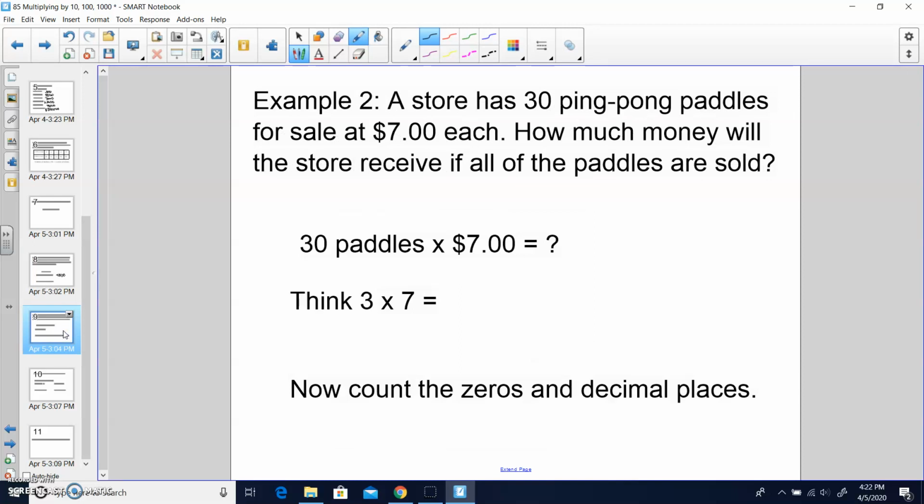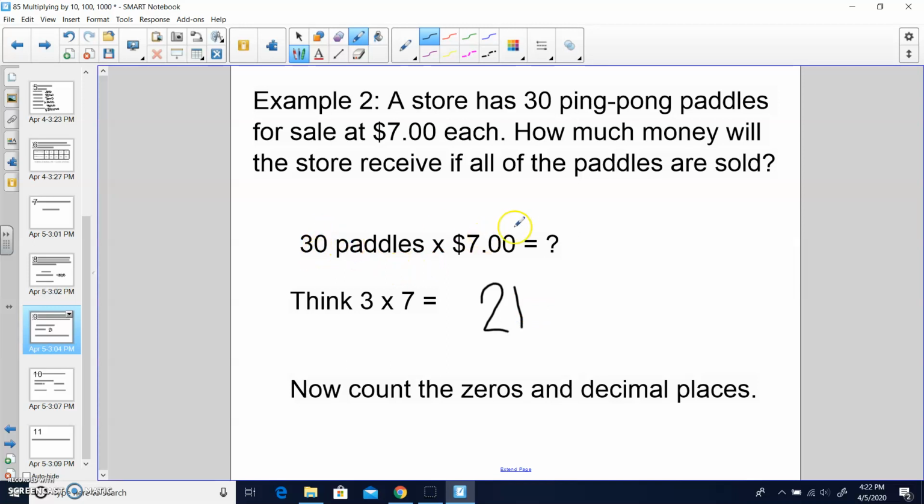Okay, let's try another one. Example 2. A store has 30 ping pong paddles for sale at $7 each. How much money will the store receive if all the paddles are sold? So I have 30 paddles, $7 each. So 30 times $7 equals what? Well, start by thinking simple. 3 times 7 is what? Everyone together saying 21. Very good. Okay, how many zeros do I have in the problem?